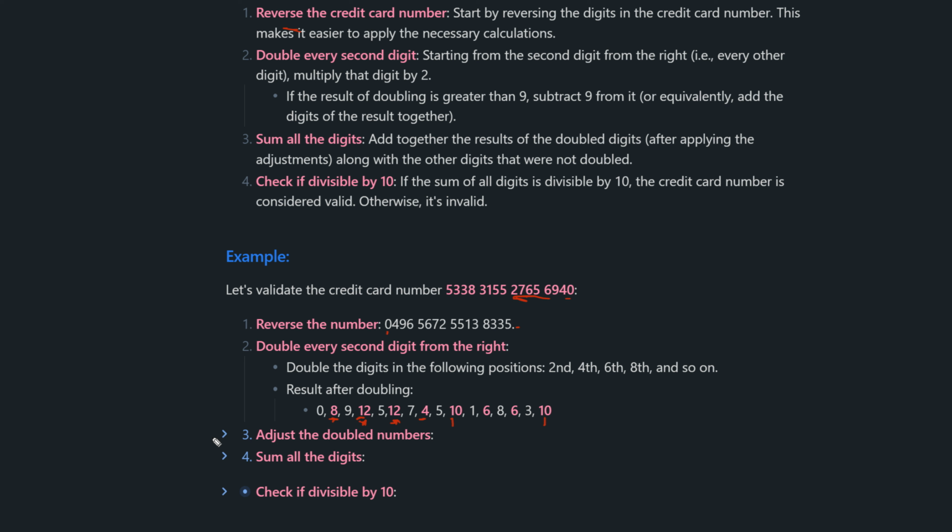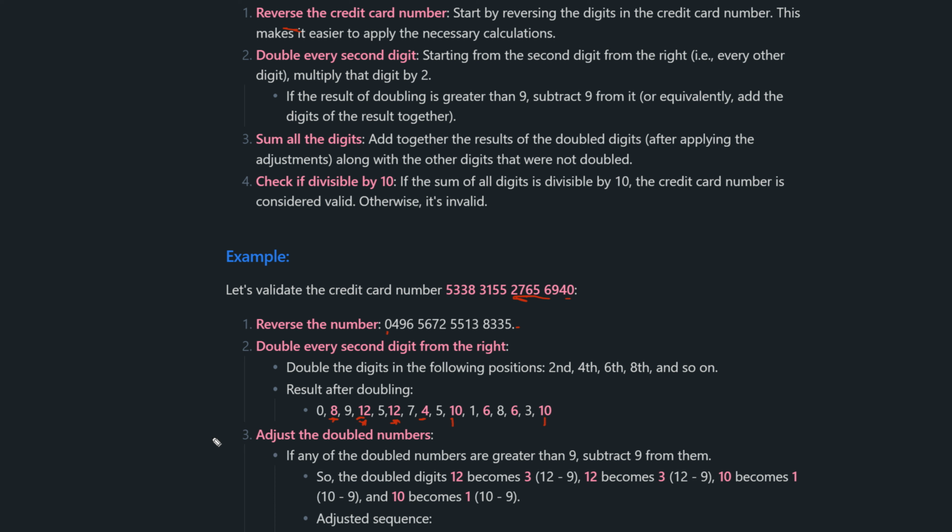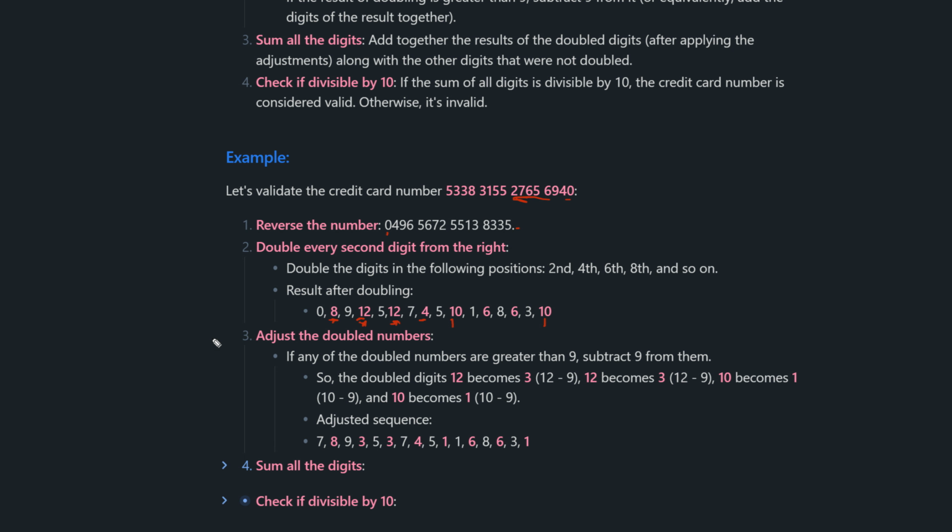To adjust them, we subtract 9 from them. So 12 becomes 3, 12 becomes 3 again, and 10 becomes 1, and 10 again becomes 1.